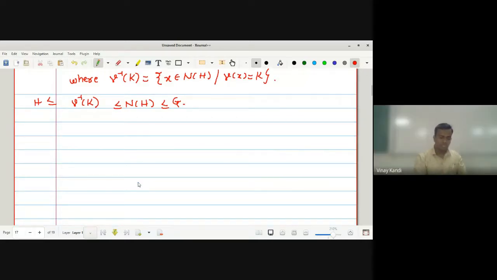Now we have one theorem, a result, that we are using. Okay, what is the result?